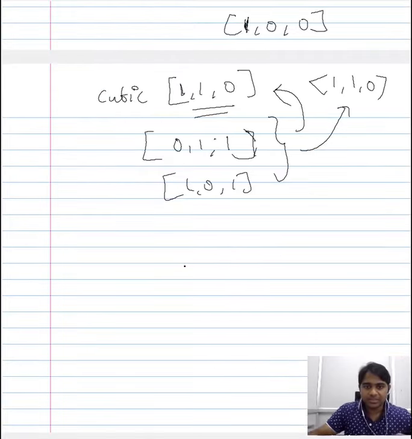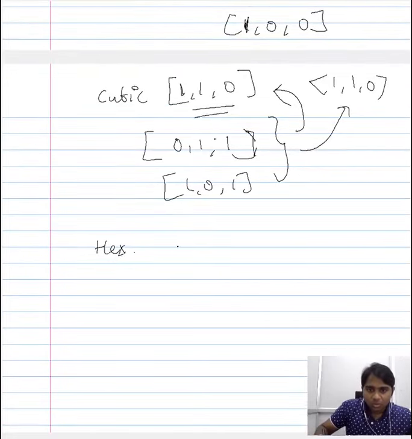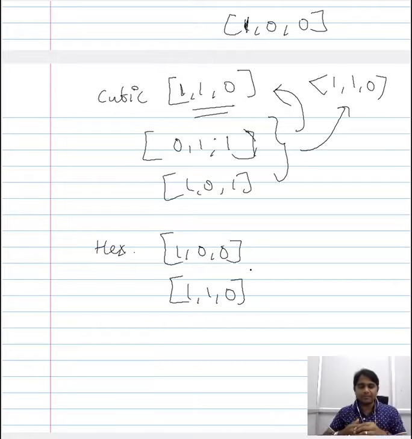However, when you consider the hexagonal unit cell, you see that 1, 0, 0 and 1, 1, 0 seem to be equivalent in nature, two different directions.